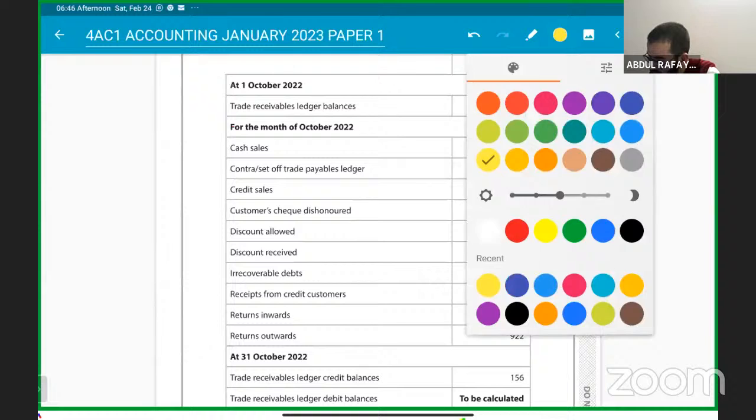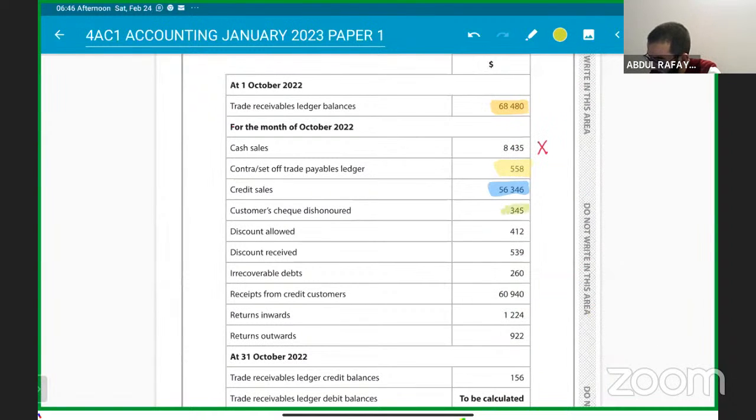Then customers' dishonored check is basically the same thing: the customer paid the money, but due to signature issues, or insufficient funds available in the bank, the check was dishonored. Maybe the date was not correct, so the bank returned the check, and that is why it's called customers' dishonored check.